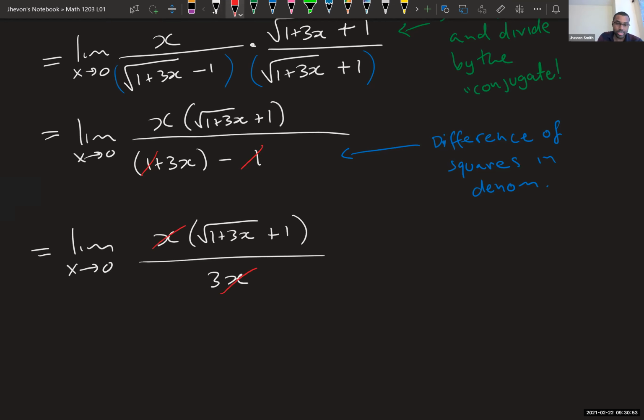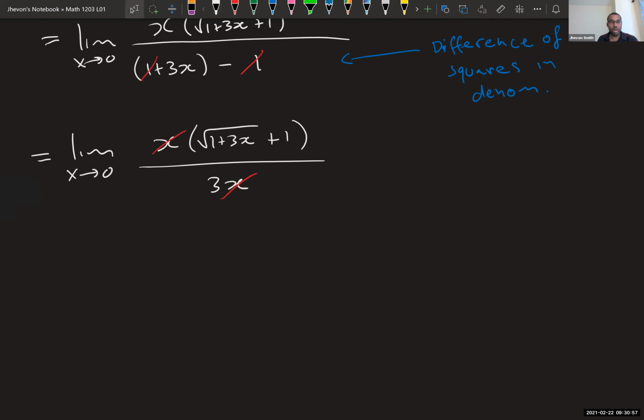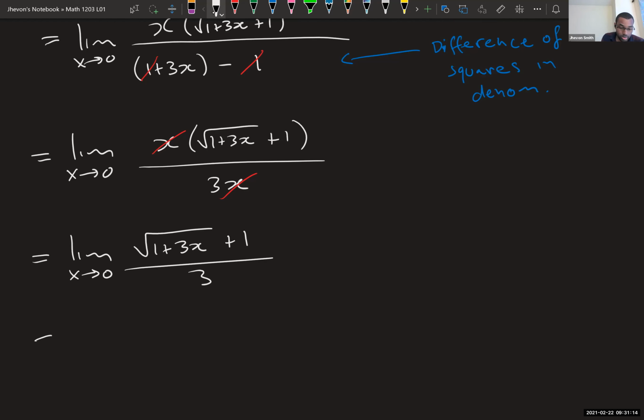Now I can cancel the x's, all right? Because now things are separated by multiplication in the top and bottom. So now I just have 1 plus 3x plus 1 all over 3. And now I can actually plug in 0. It's 2/3.